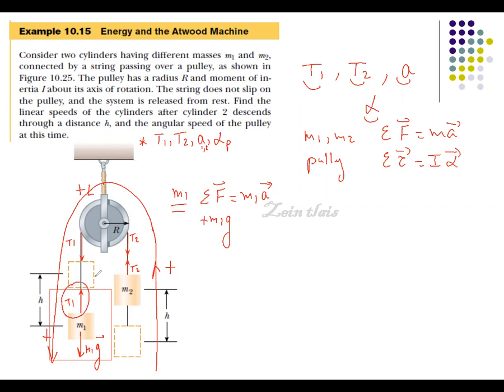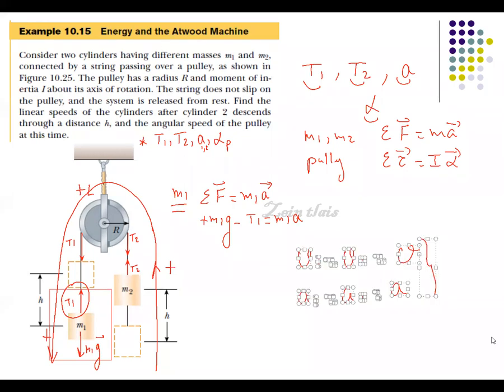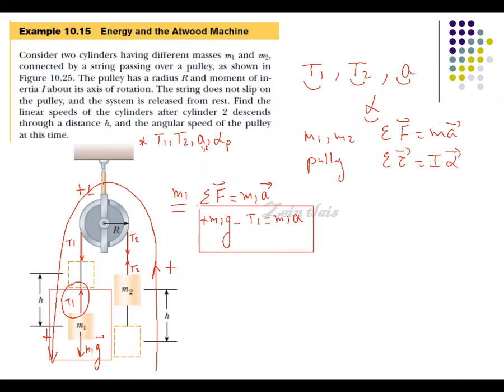T1 is up in the negative direction. Minus T1 equals M1 times A. You know here, V1 equals V2 equals V, and A1 equals A2 equals A, an inextensible cord. This is the first equation, the relation between T1 and A.